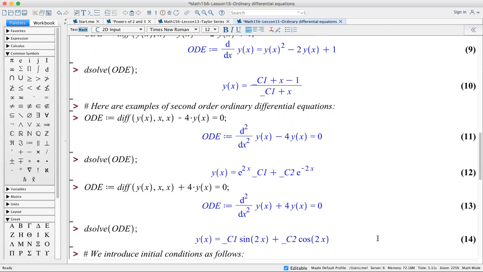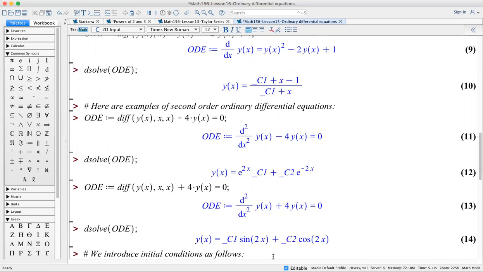Now, very often with a differential equation, in addition to the differential equation, there's some initial condition that also has to be satisfied. Usually, if it's a first order equation, there's one condition. If it's a second order equation, there are two conditions.